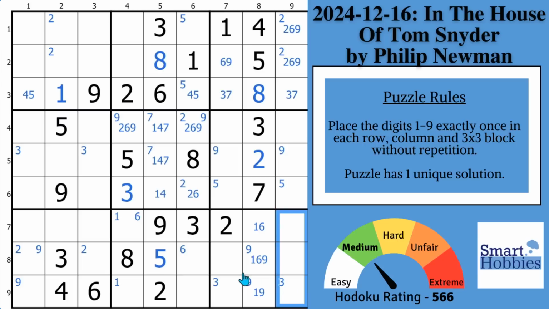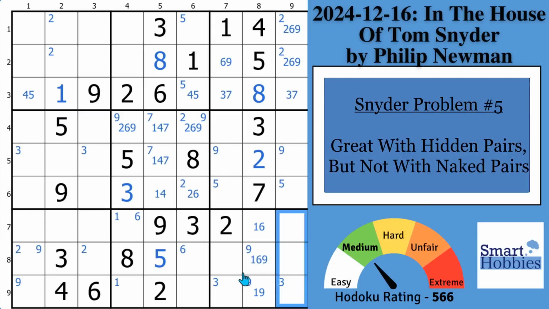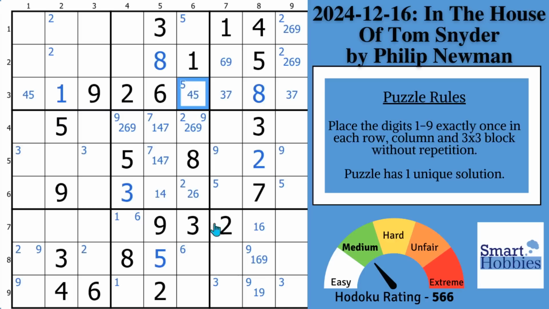Problem number 5 is that Snyder notation is great for hidden pairs, and you'll find a hidden pair if you put Snyder notation 2 candidates on top of each other. That makes a hidden pair. But Snyder notation is not great with finding naked pairs. And so by putting this 1, 6, 9 right here and having this 3, 5, 8 right here and the 2 in the block, what can be in these 2 cells?